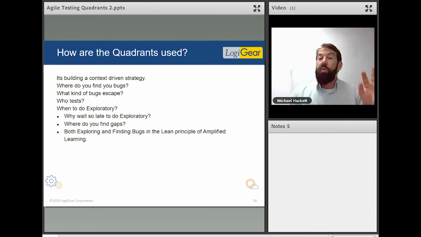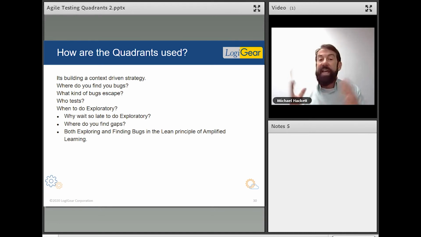Their quadrant 1 and quadrant 2 is inside a sprint, and they can call a story done when they've finished all their story level tests, and the quadrant 3 and quadrant 4 tests are outside of the idea of definition of done and the idea of a story done, run by different teams on other environments. I have a couple of clients who can't call a story done until it's gone through all quadrant 1, quadrant 2, quadrant 3, quadrant 4.